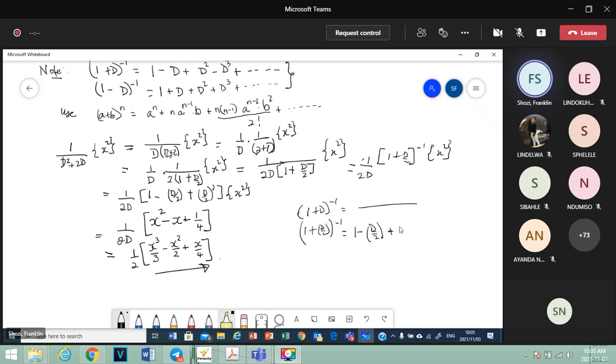The next one is plus d over 2 all squared, and so on. So my expansion here becomes 1 minus d plus d squared, using d over 2 and so on. But it's the same expansion. That is what I did there.